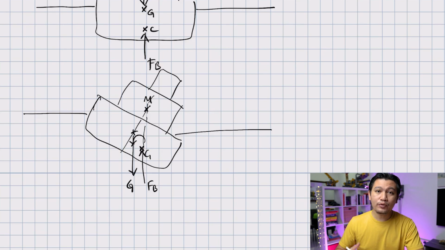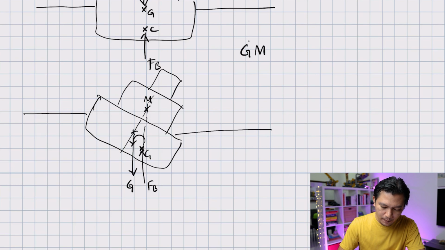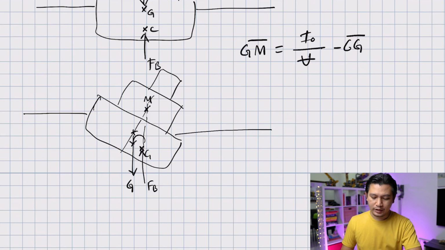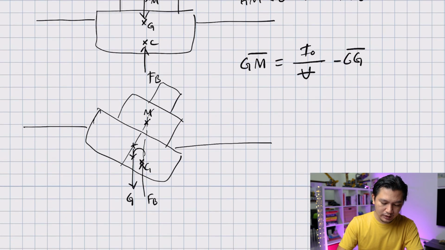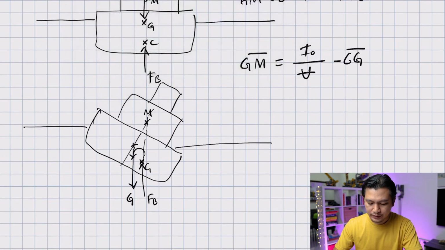Okay, and how do we calculate GM? We're going to calculate GM using this formula. GM is equal to I0 over volume minus CG. I think by now you already know what I is. I is the second moment of area.